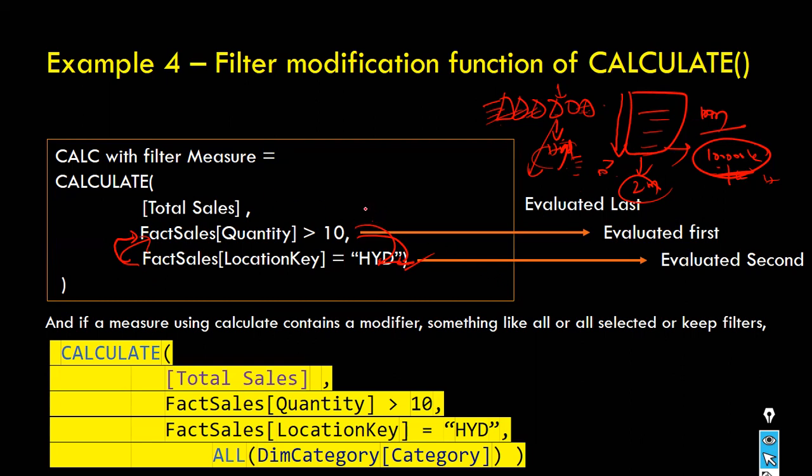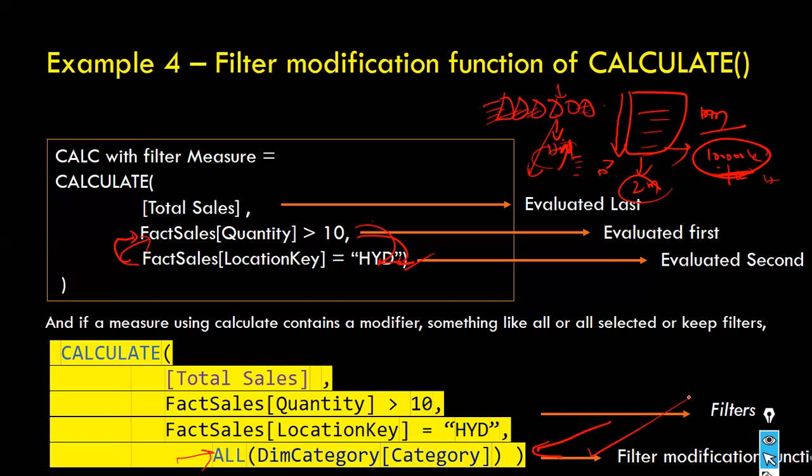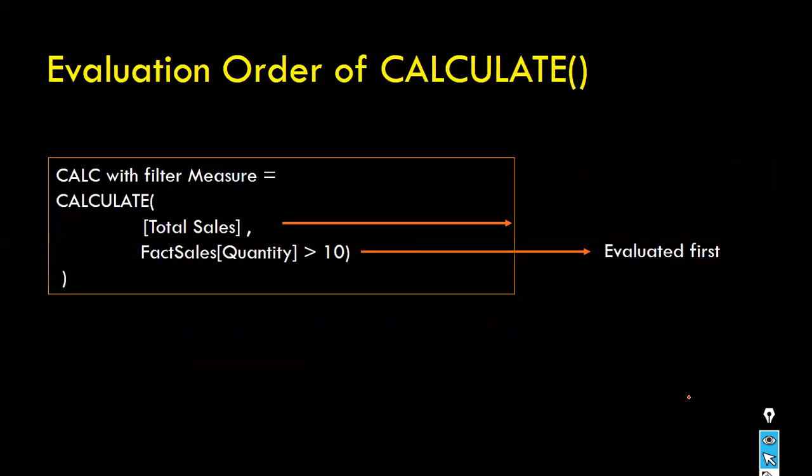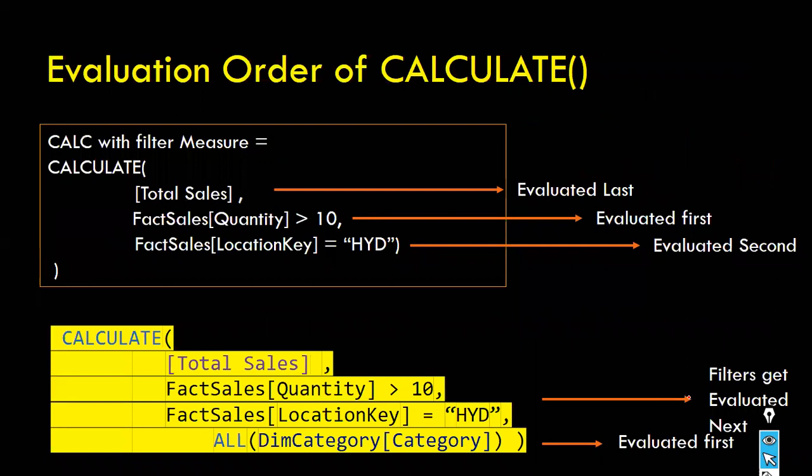But this is the evaluation order. Along with these things, if you introduce something called the filter modification function, this one will get evaluated first. Look here, the filter modification function will get evaluated first, and then this one will get evaluated, and then this one next, and then finally this one will get evaluated.